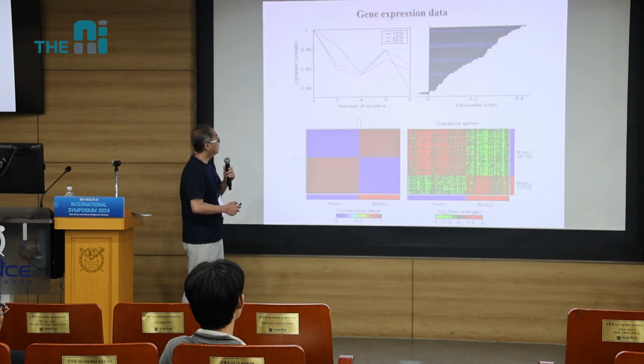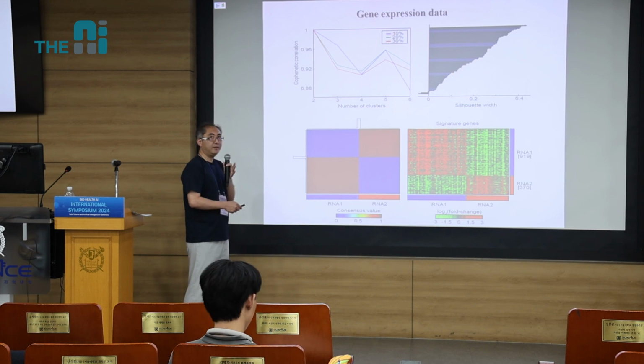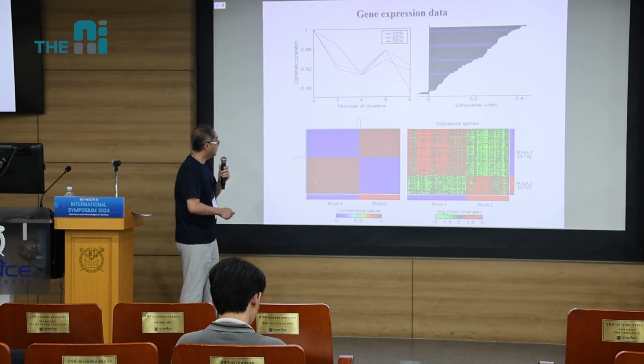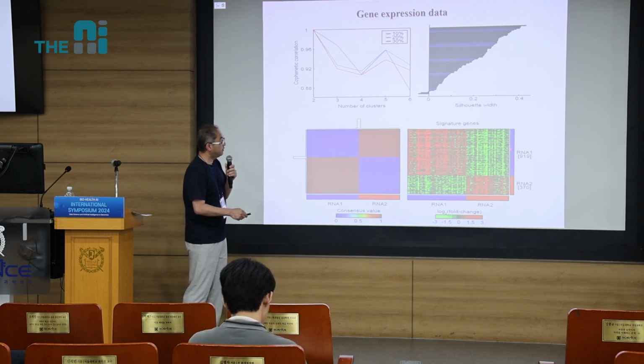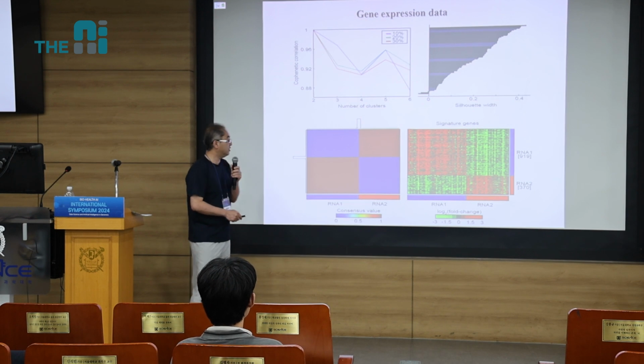Using that individual data, so this is the mRNA data, and we classified the patients into two clusters. So this first cluster was defined by the upregulation of these 919 genes, and the second cluster was defined by upregulation of these 370 genes.